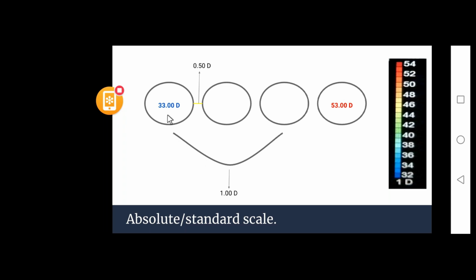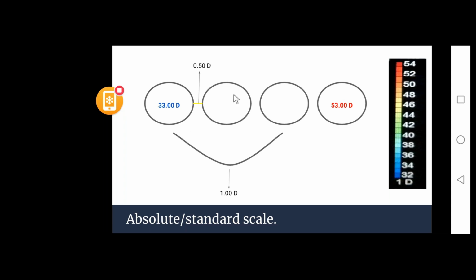So after 33 it will directly change the shade at 34 diopters, and it will miss out the 33.5. So it will underdiagnose the cornea. It will show fewer shades on the cornea and hence miss subtle changes. Right, so when there is a standard scale, there is a standard dioptric value which each shade signifies, and hence it has the potential of missing subtle changes.